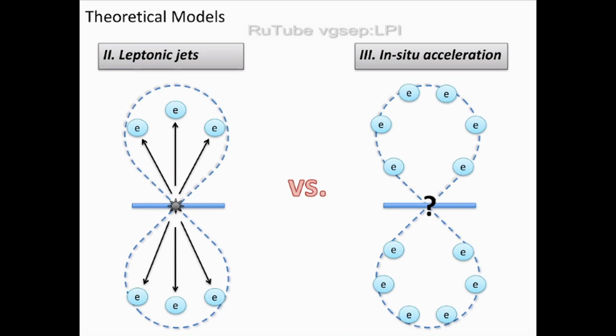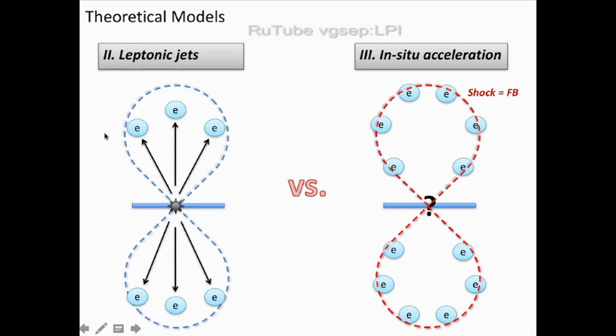But if you think about it, there's a very key difference between these two models, which is the location of the shocks. For the in situ acceleration models, because it's assumed that the cosmic rays are accelerated by shocks or turbulence in the shock downstream, the shock front should be coincident with the bubble surface by construction.